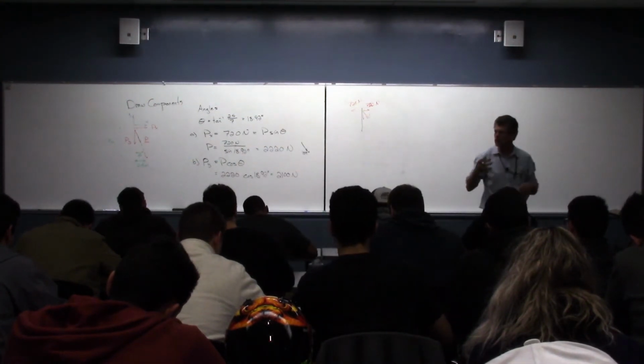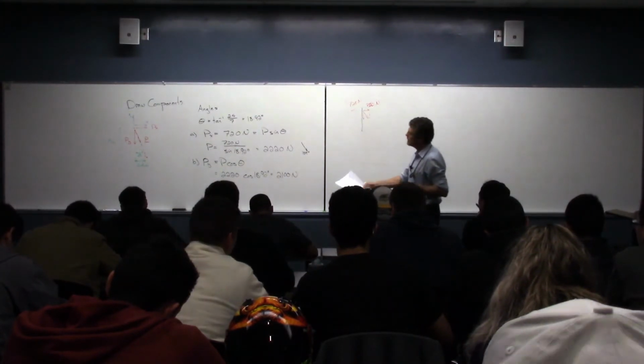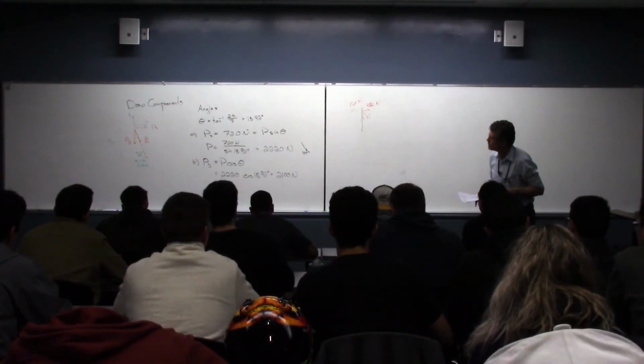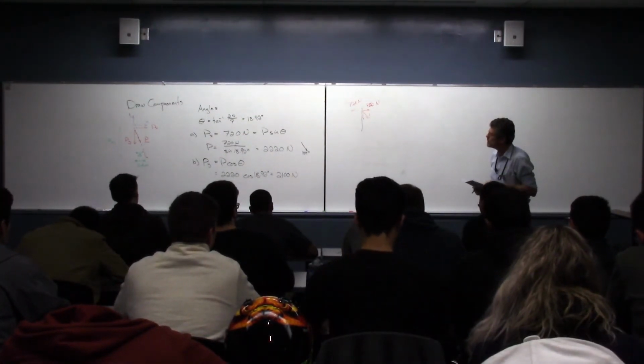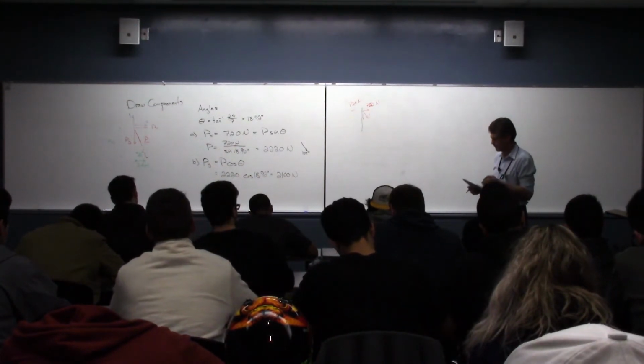That's why we trip over those cables all the time: they're quite taut. I needed 720 in terms of a horizontal, and I had to crank it up to 2,220 just to get that component, based upon the angle of where I could put the cable.